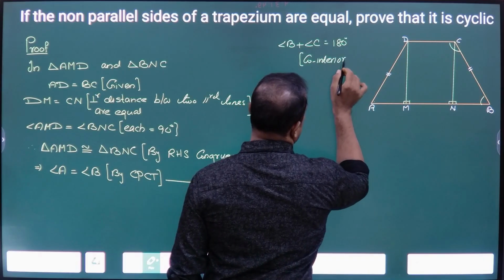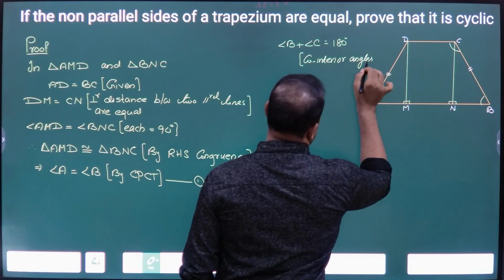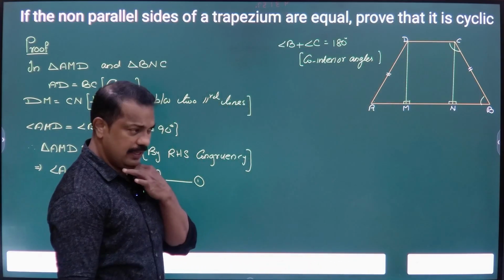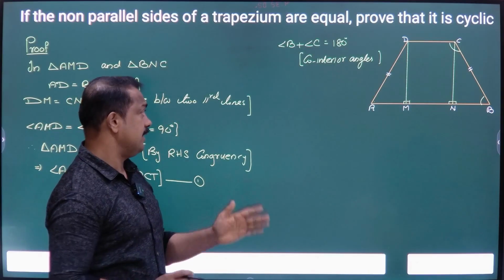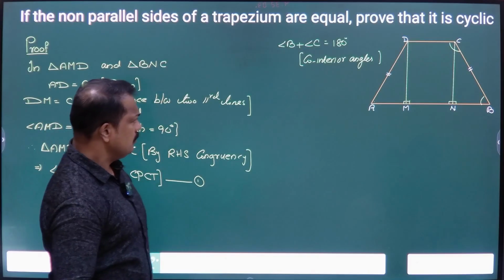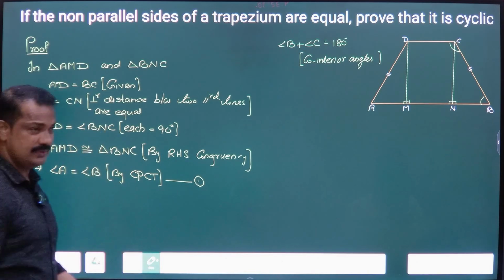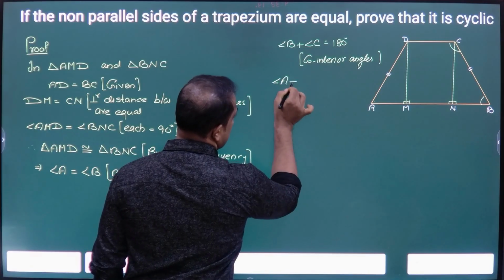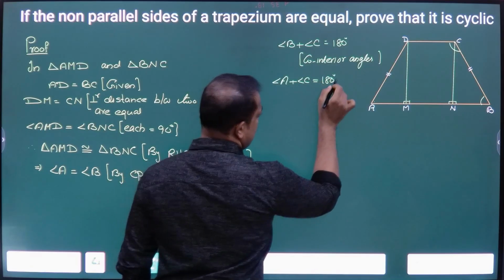Co-interior angles are also called interior angles on the same side. Co-interior angles are supplementary. The sum of the angles is 180 degrees. Now look, what is the value of angle B? From equation 1, replace. So the value of B is angle A.